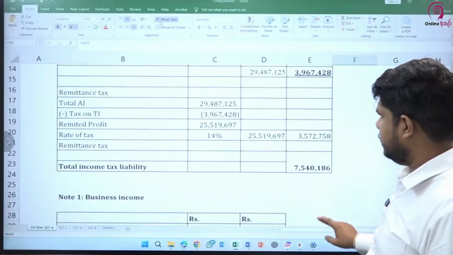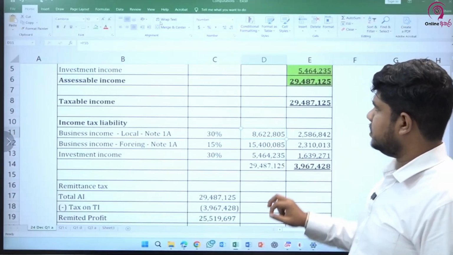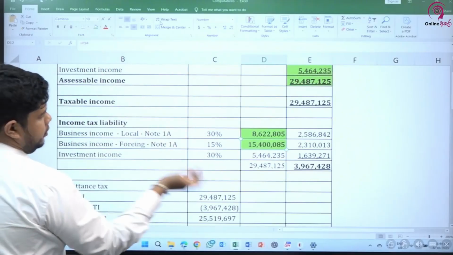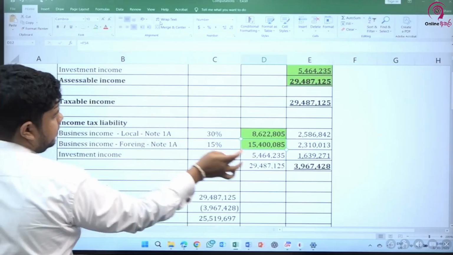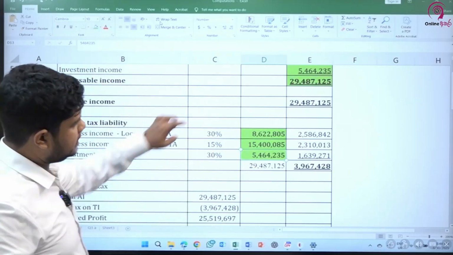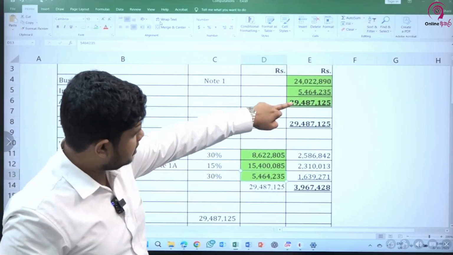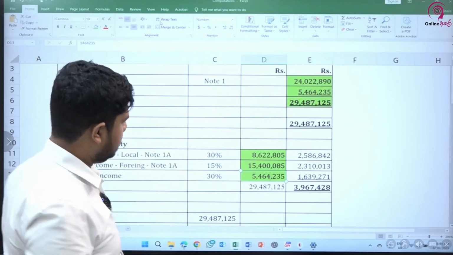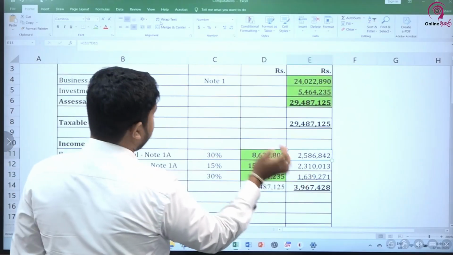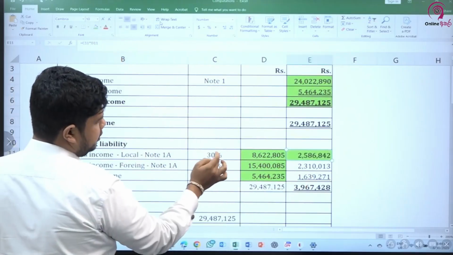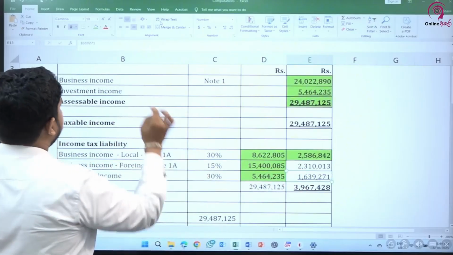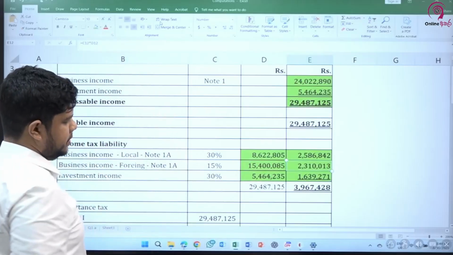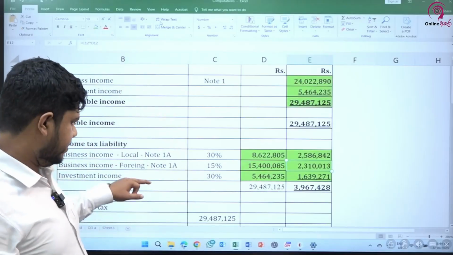We take this here, right? It's simple mathematics, linking one. So I hope it's clear, and investment income. You always check whether this total is equal to this, right? Yes, equal. So you multiply 8 million by 30%, 15 million by 15%, investment income by 30%. You take the tax liability, right?